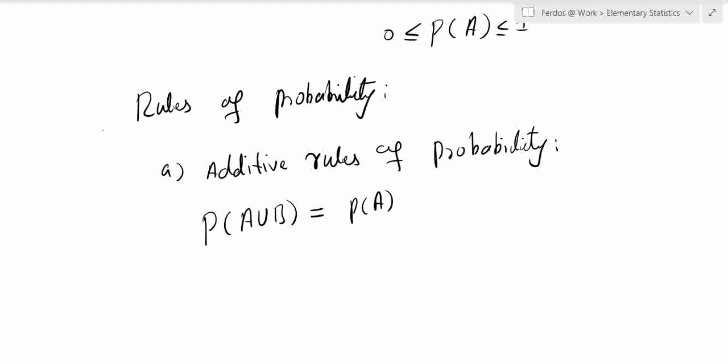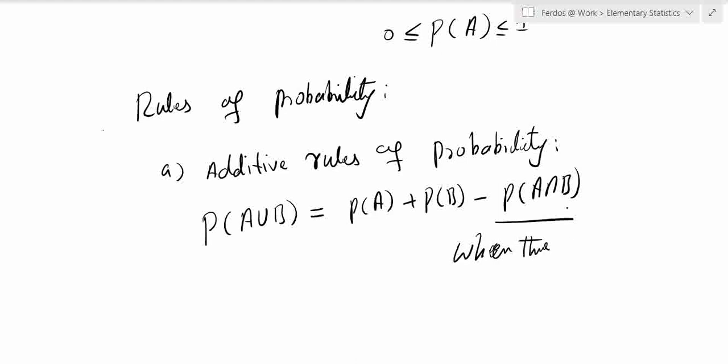This is equal to probability of A plus probability of B minus probability of A intersection B. This is when the events A and B are not mutually exclusive.